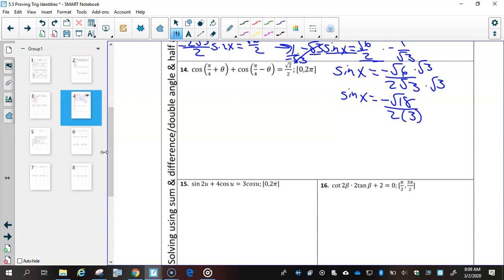Does the square root of 18 simplify? Not 2 root 2. I said 3 root 2, yes. Our domain is from 0 to 2 pi. So where on our unit circle is sine equal to negative root 2 over 2?